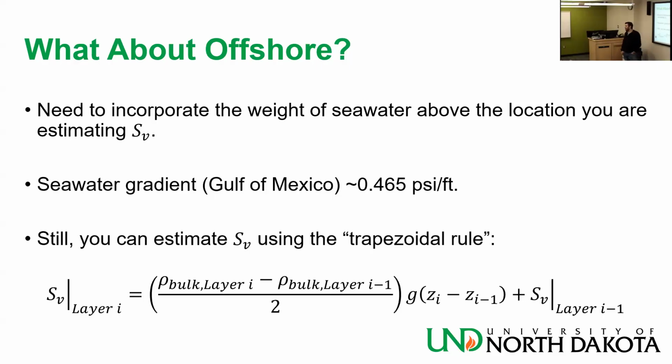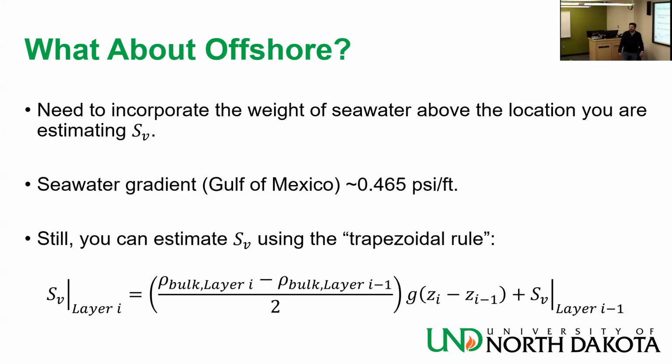One common mistake that students make is that they don't treat the seawater as one layer, and they just add the seawater weight on every layer. That doesn't make sense. You're going to get a very high SV value if you do that.